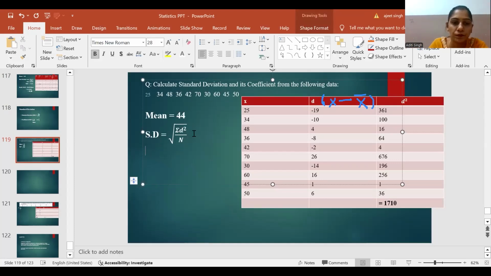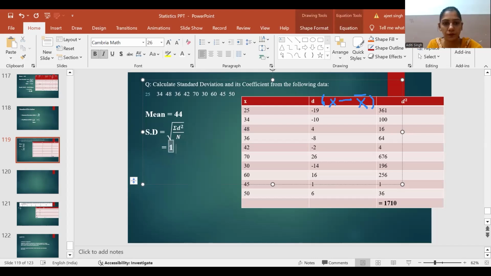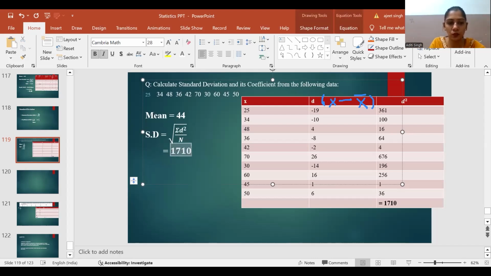So 1710 divided by the value of n, which we have already calculated while calculating the mean, which is 10.